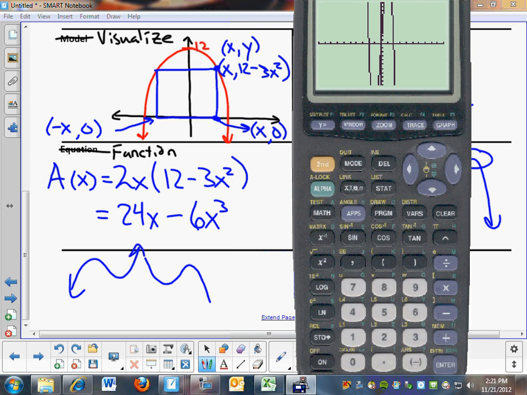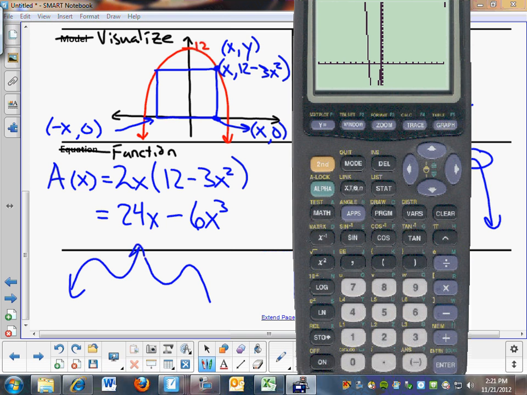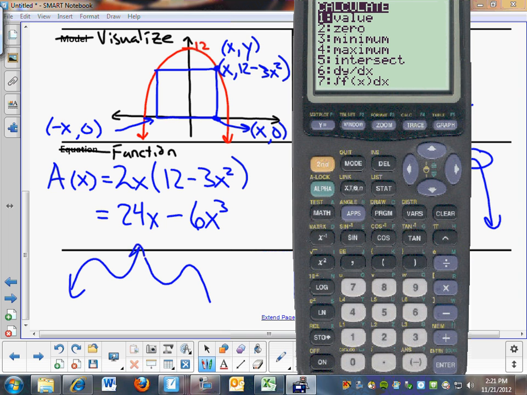But I can't see the top of it. Let's change our window to see if we can see the top. Which value do I need to change? The y max. Let's move it up to, say, 30. Maybe that will let us see it. Yep, now I see it. How do I find that maximum spot? What do I do with my calculator? Second, calculate, or trace.